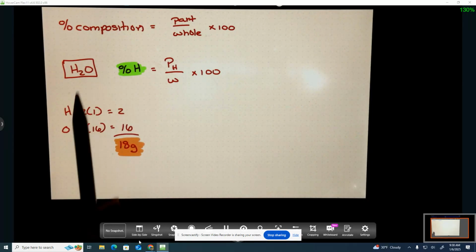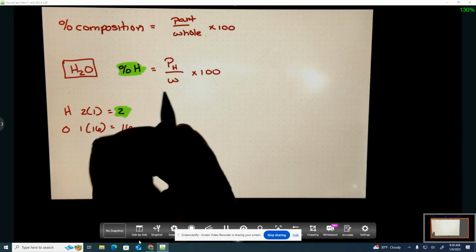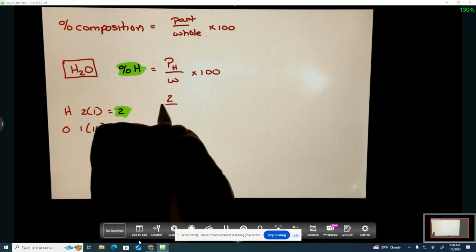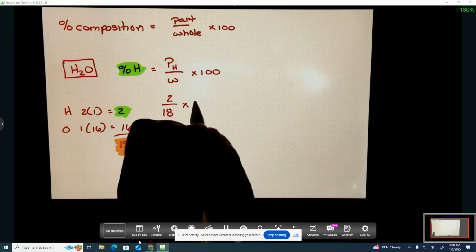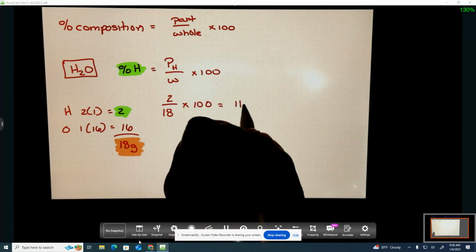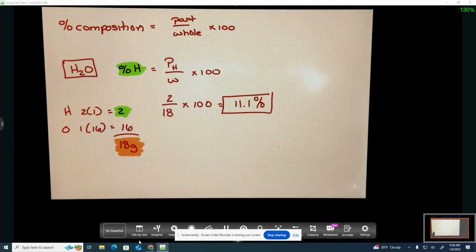I'm looking for the percent that's hydrogen, so my hydrogen weighs 2. It's the part that is hydrogen. So let's put them into our formula. 2 over the whole thing, which is 18, times 100. And you're going to end up with 11.1% hydrogen.